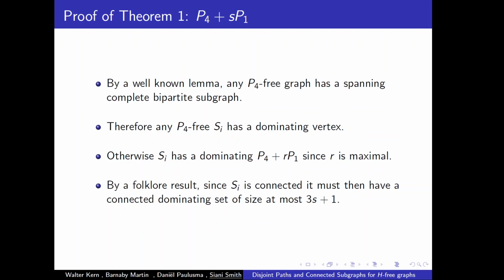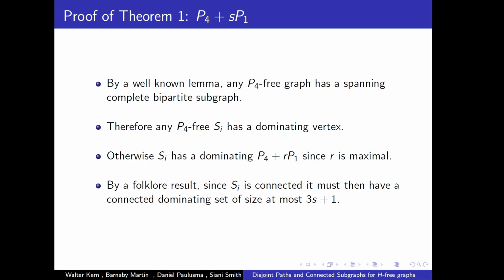What we want to show is that each of our subgraphs S_i has some small dominating set. If S_i is P4 free, then we have this well-known lemma saying that P4 free graphs have spanning complete bipartite subgraphs, and since we can assume that our terminals are independent, S_i must contain a vertex dominating the terminal set Z_i.